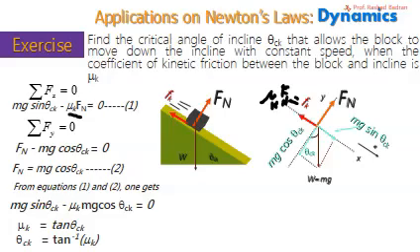As we know, the coefficient of kinetic friction is always less than the coefficient of static friction. So that leads us to conclude that the critical angle of the incline in this case is less than the critical angle in the previous case.